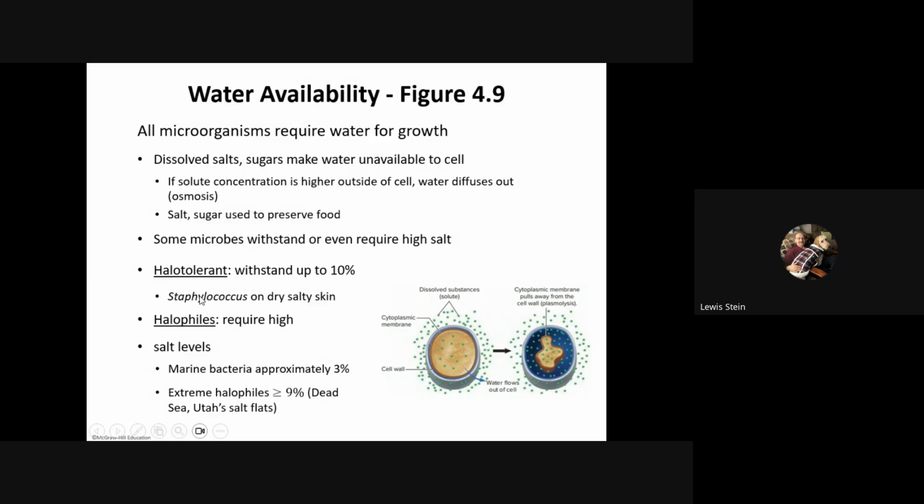Okay, Staphylococcus likes salt. It's tolerant up to 10%. That's why Staphylococcus grows on our skin. In the lab, maybe next week or the week after, you're going to use what are called selective and differential plates. One of them is called MSA. It's kind of reddish. If Staph aureus is growing on it, and there are other kinds of Staphylococcus, it will turn yellow.